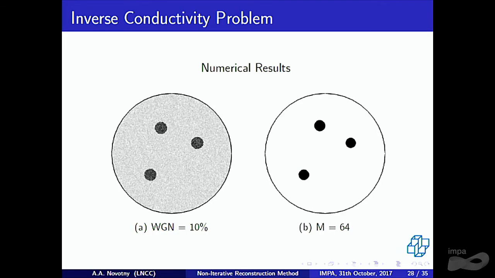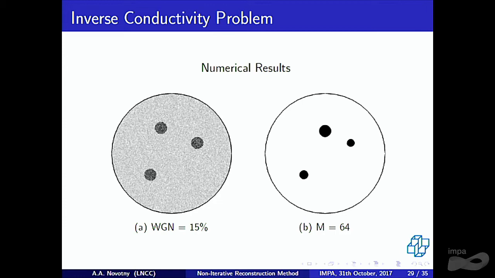So if we have more noise, for example, 10% of noise, the solution is still okay. And if we have 15% of noise, which seems to be a huge quantity because we can see some degradation even on the picture, the result's not so bad.